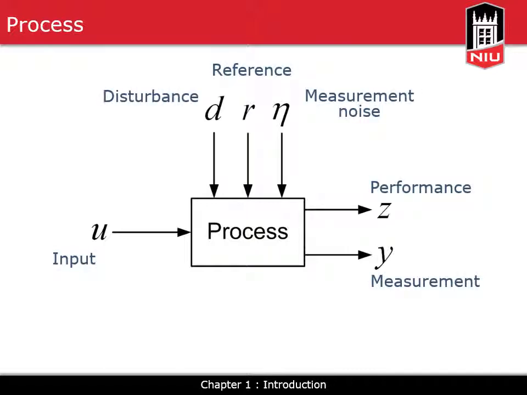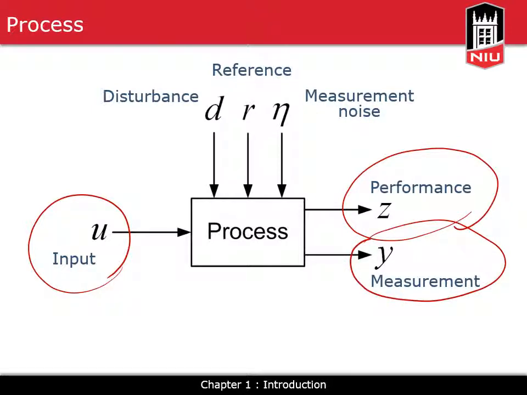The first thing that I want to point out here is the input U. This letter U is normally used in this course as the input to a process, and that is what feeds the process or what activates the actuators of a physical system. We'll get to that later. The process provides an output, or basically two outputs here in this slide. You see the performance output and the measurements, which are the variables that we are measuring.